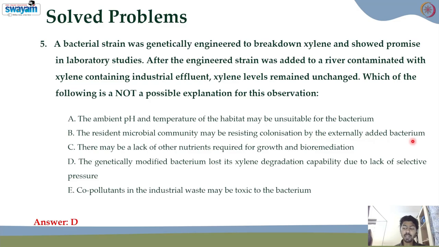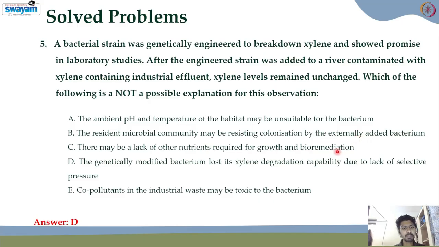Yes, this might also be a reason, because introducing a microorganism into a real-time environment faces competition and potential inhibition from the existing microbial community, which hinders its establishment and the effectiveness of biodegradation.